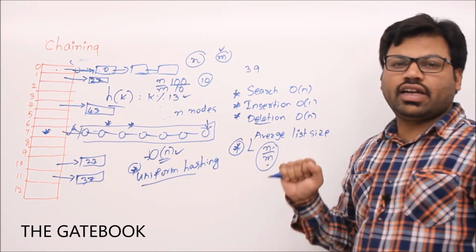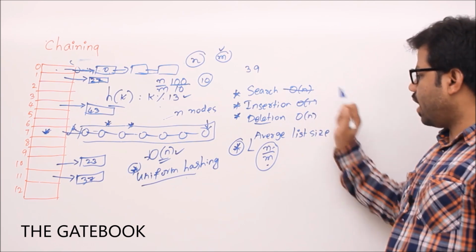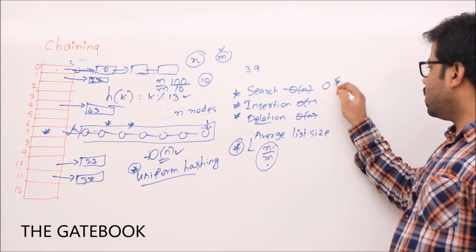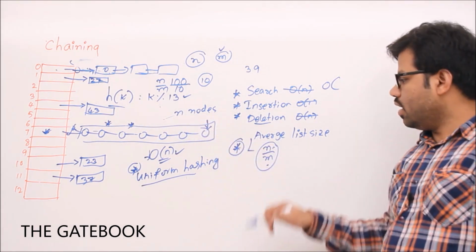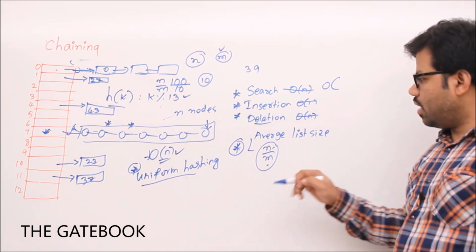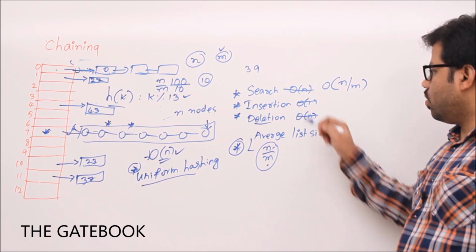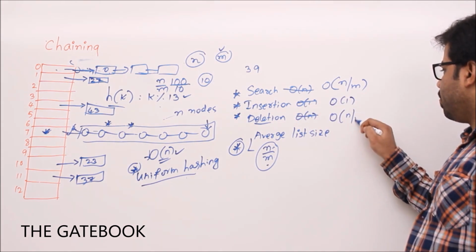Our target is to achieve good search time complexity. Let's take the average case. In the average case, search definitely depends on the length of the linked list, right? If the length of the linked list on average is n by m, then search becomes order of n by m. So insertion takes order of 1, however deletion takes order of n by m.